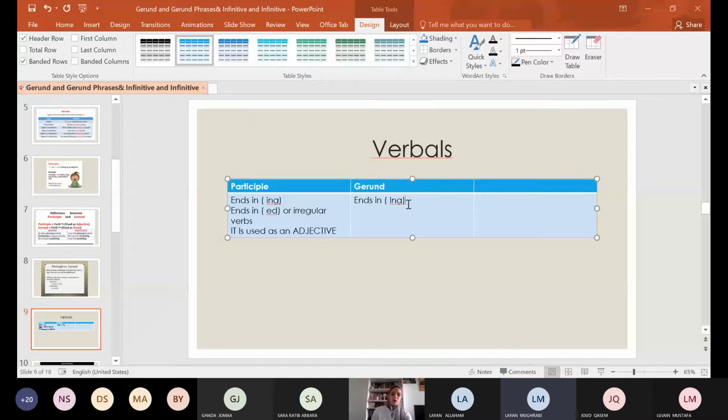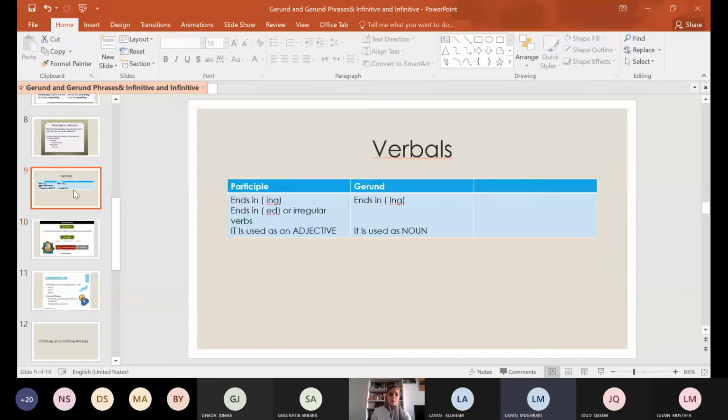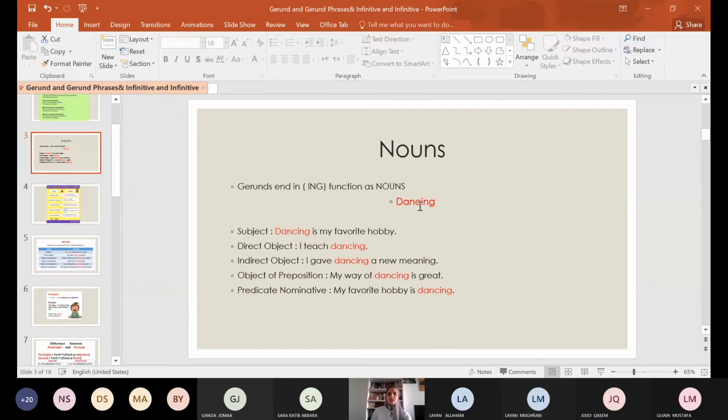Here, how can I know that it is a gerund? It is used as a noun. This is how to differentiate between both. This is a gerund: a word that ends in ing, and I use it as a noun.